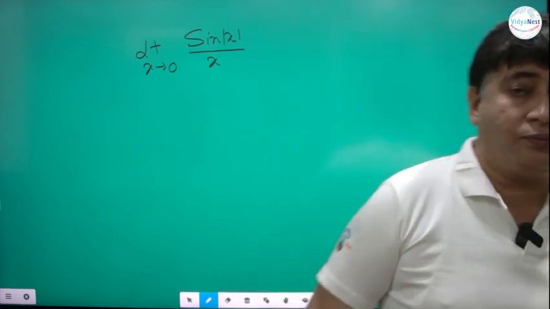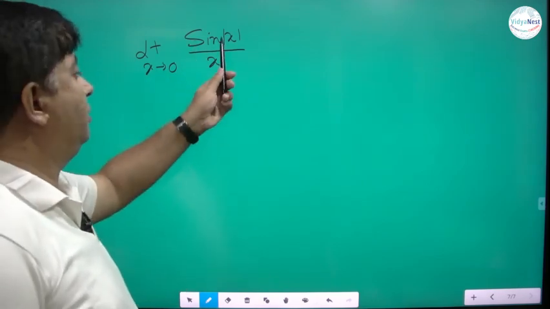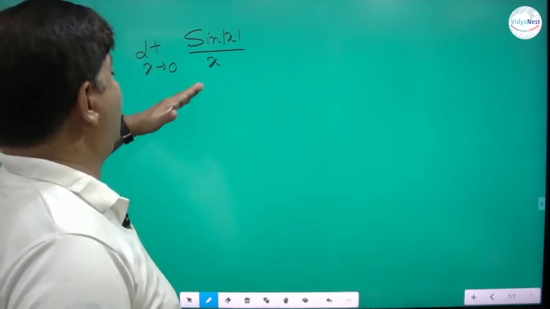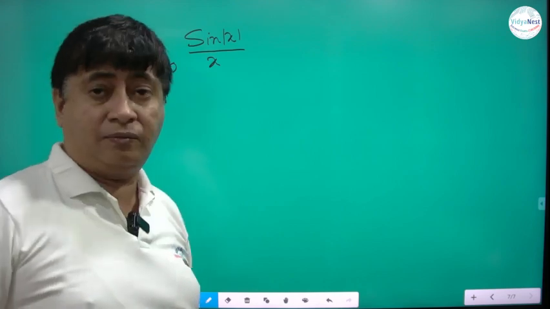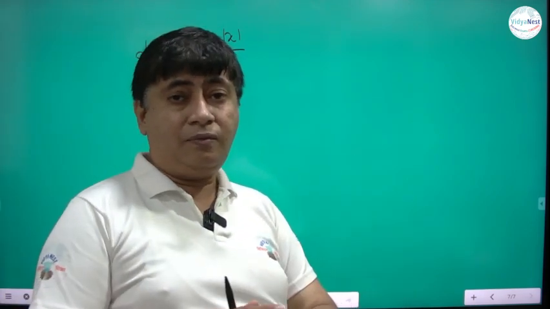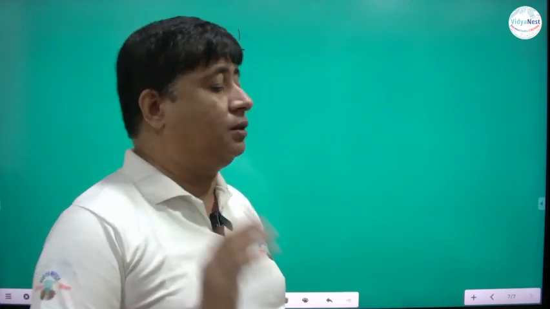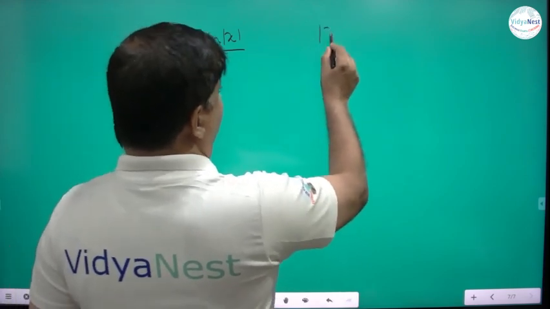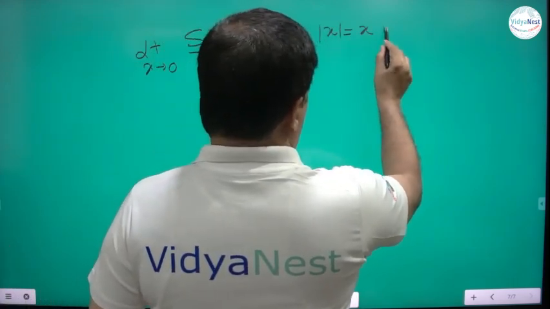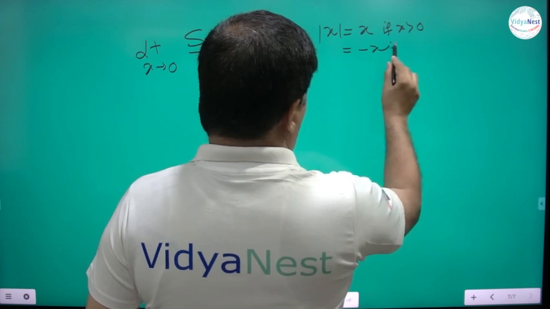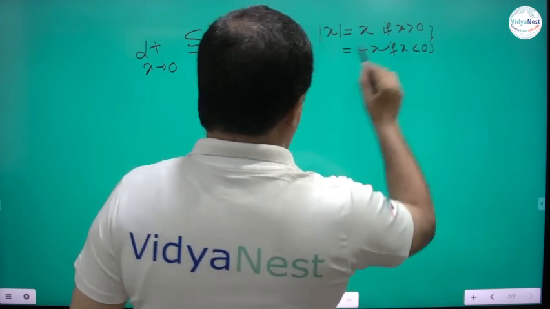I am telling you, once you get a sum like this, which involves mod or GIF or square root, then instead of using the formula directly, you observe whether the limit exists or not. Why? Because we know mod x is x if x is greater than 0, and minus x if x is less than 0.